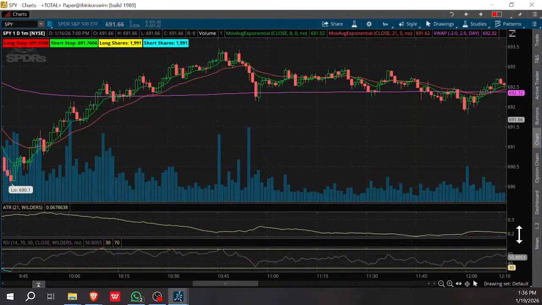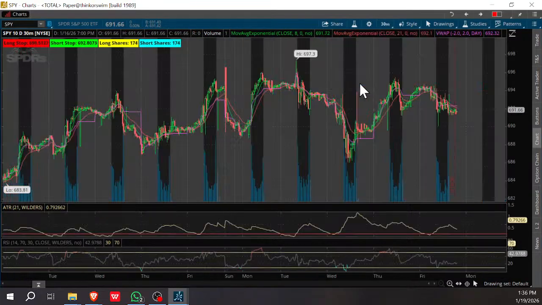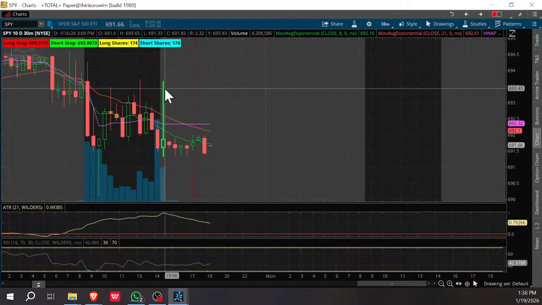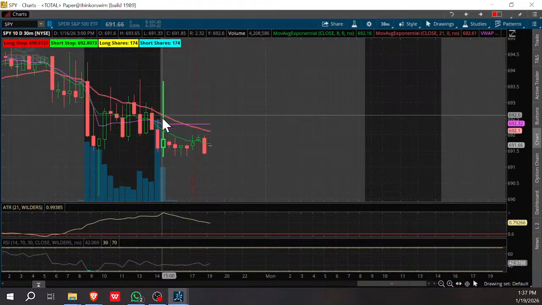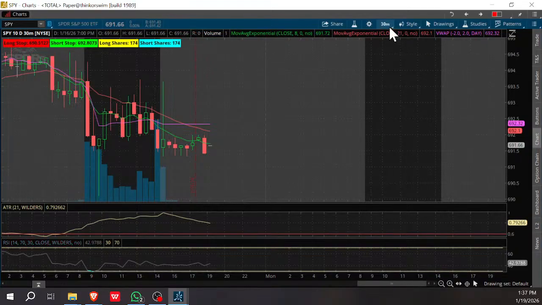Pero mira, en el 1-minute the ATR is too little, obviously, because it's moved slower, and the higher you go to the 30-minute, the ATR is 0.79 right now, meaning the stock can go up and down 79 cents. Like here on the 30 minutes, it went from 6.93 all the way to 6.91, so it's a $2 change. But on average it's 0.79, which is good.